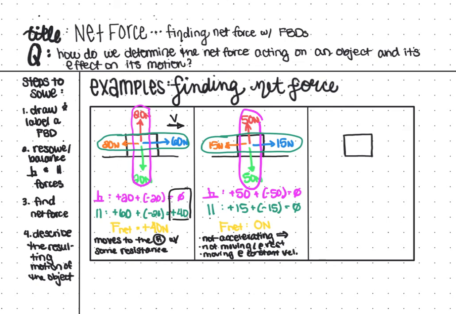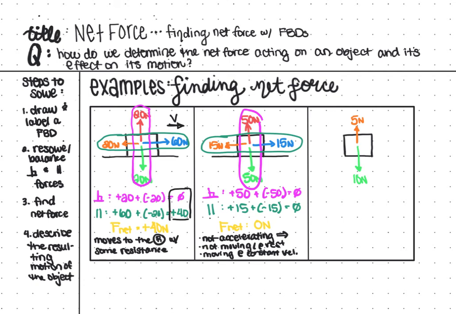All right, last guided example, and then you've got some practice ones to do on your worksheet. On this third one, you'll notice that there is no surface, so we're talking about an object maybe in the air. We're going to give it a downward force, gravity, of 10 newtons, and an upward force of air resistance, that's about 5 newtons.